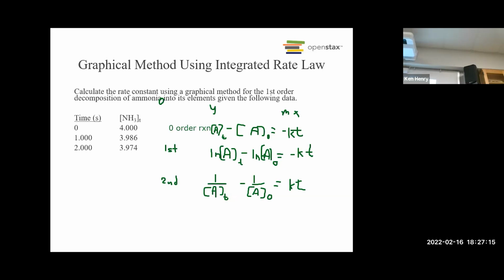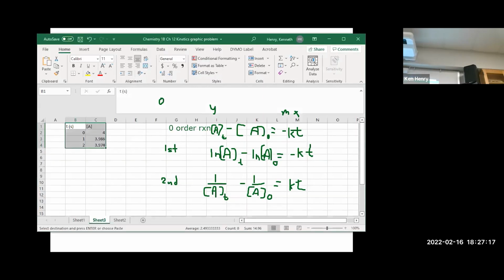So the way we would go about doing that is, find the data again. This is the concentration, and we would just plot it. If it's a zero order reaction, it's going to look just like a line without having to modify the concentration value.